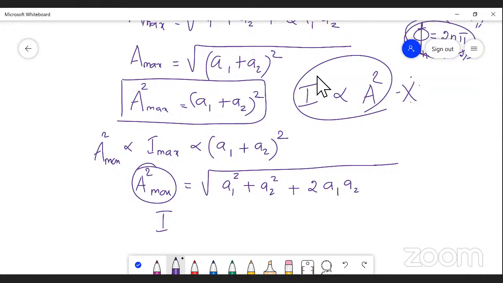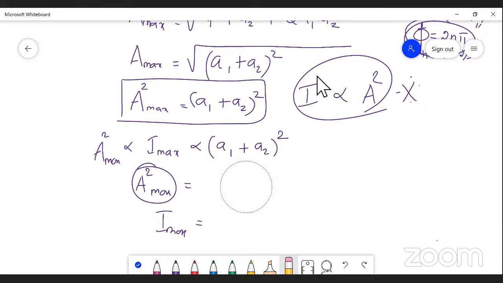So the I maximum formula: A square means there is no root value, since only the root is removed when we square A. I want A square maximum equal to A1 square plus A2 square plus 2A1 A2 cos phi, with cos phi equal to 1. So intensity is directly proportional to the square of the amplitude.